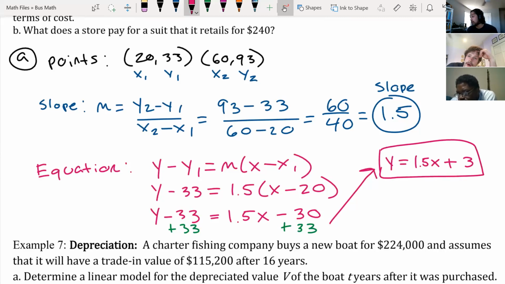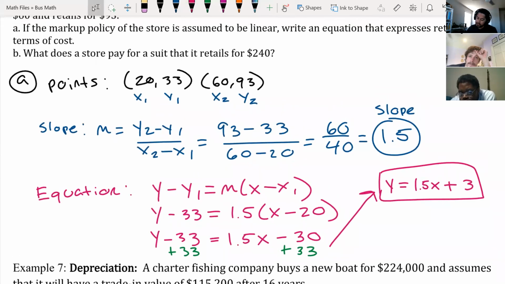This is my cost equation in terms of retail, or retail in terms of cost, right? Is that what it said? Write an equation that expresses retail in terms of cost. Okay, good. So this is my retail equation. And that's point slope form, right? And that puts it into slope intercept form, always.